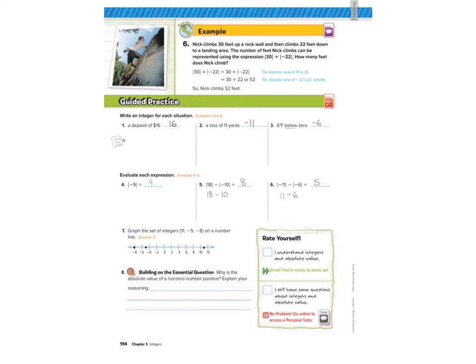Question 8, why is the absolute value of a number that's not 0 always going to be positive? Explain your reasoning. So, absolute value is the distance that a number is away from 0 on a number line. So absolute value is a distance, and distances are always written as positive numbers.